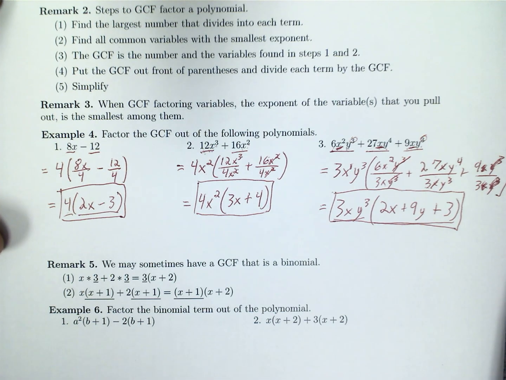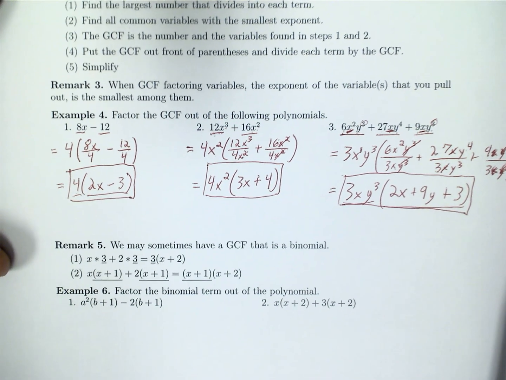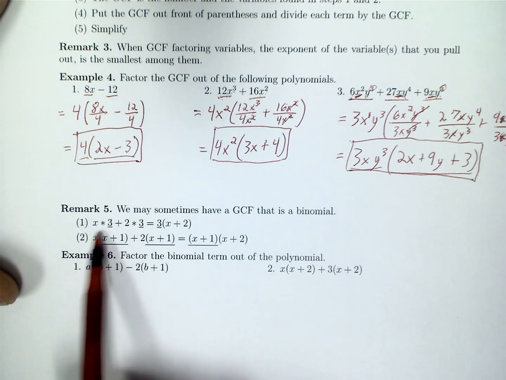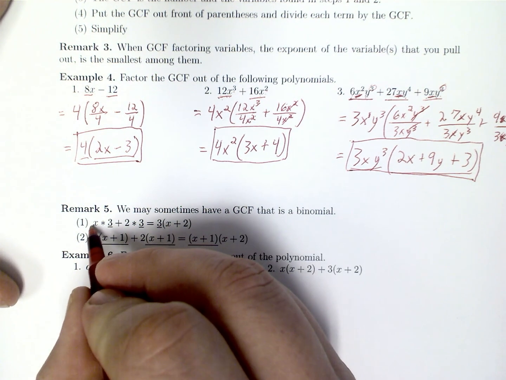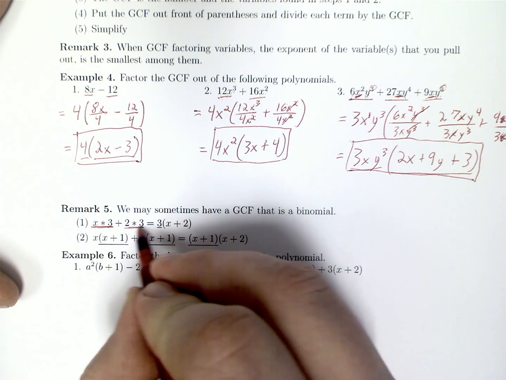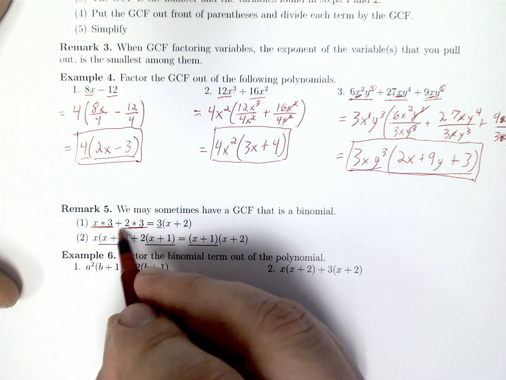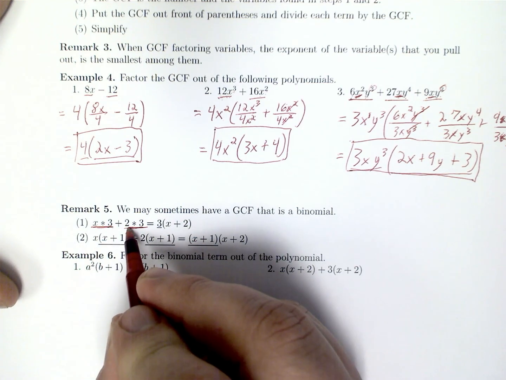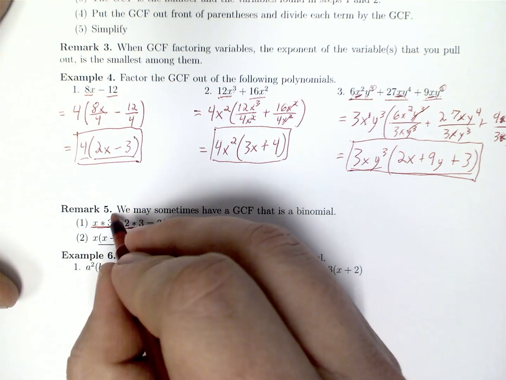Sometimes a GCF can be part of something bigger. So let's look at this first example right here. When you have multiplication that's part of a term, you have x times 3 and 2 times 3. So x times 3 plus 2 times 3, these are 2 terms. And what's common in both terms? The 3 is.